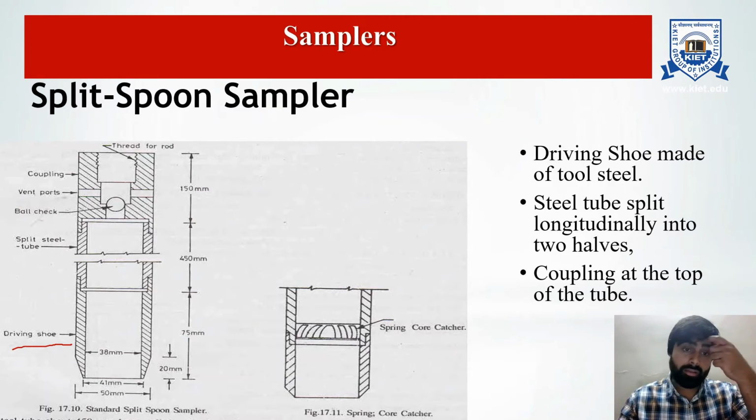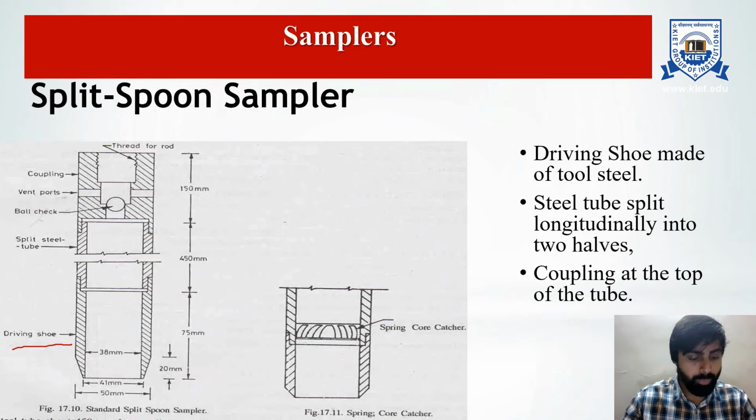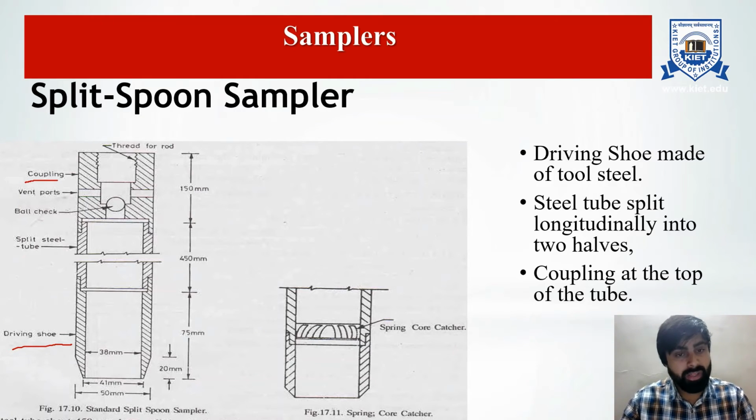Here it is 450 mm. It is split longitudinally and divided into two halves. The third part is the coupling, at the top of the tube, about 150 mm long.